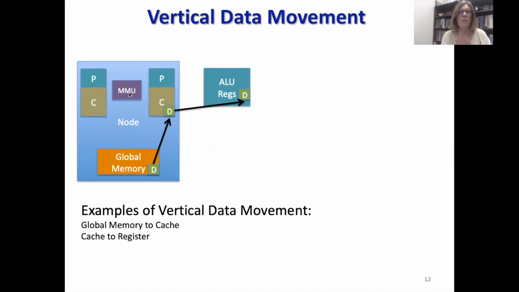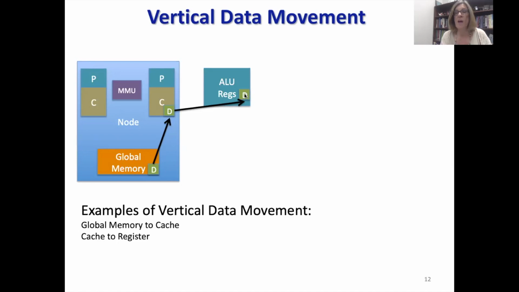There's also a memory management unit, which in this case is also shared by both processors. And now if we go a little bit deeper into the processor logic, we see that it has minimally an ALU and a set of registers. So examples of vertical data movement are from global memory into cache and from cache into registers.